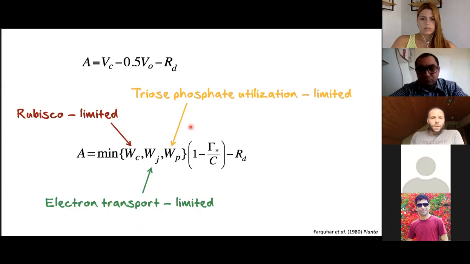And then the third limitation would be triphosphate utilization. So how much of that fixed carbon can the plant actually metabolize? So Farquhar et al. described this assimilation rate as the minimum of these rates. And then you account for photorespiration and respiration down here.